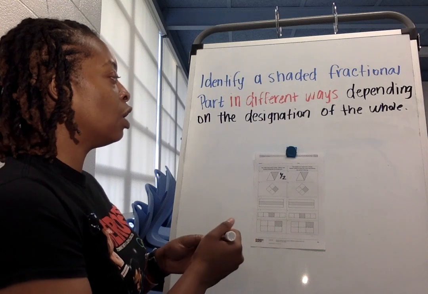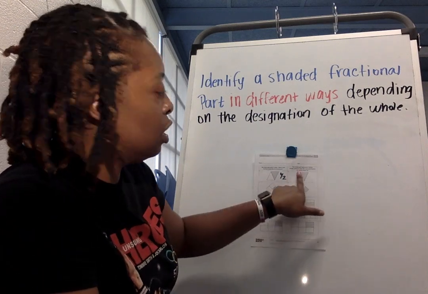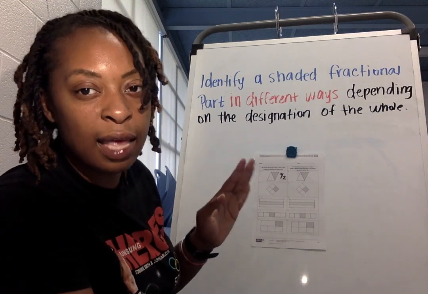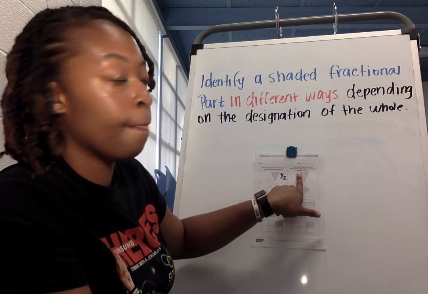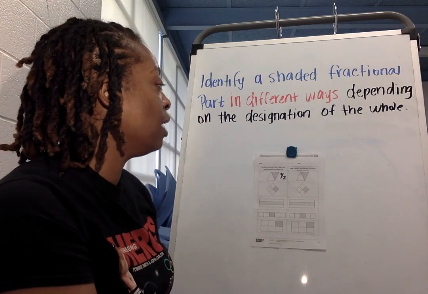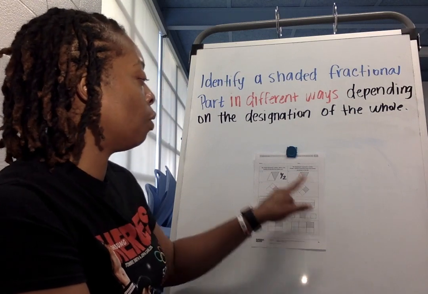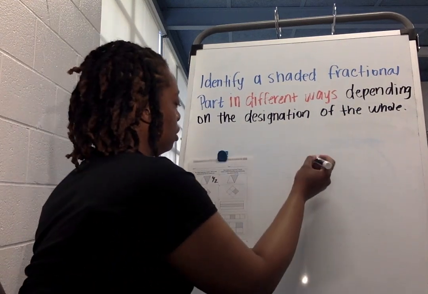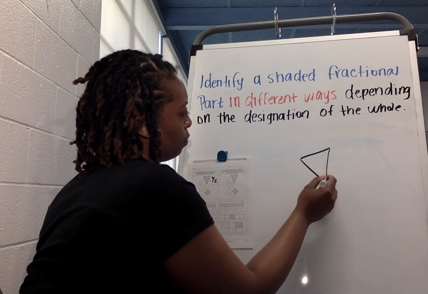Next, it says the shaded part represents one whole. So now we're looking at just this shaded part as one whole. This other part, we're not even looking at that right now. Just the shaded part is one whole, okay? It says divide the whole to show the same unit fraction you wrote in part A. So now I'm going to draw it on my board so you can see it. So now you basically have this sideways triangle, right?